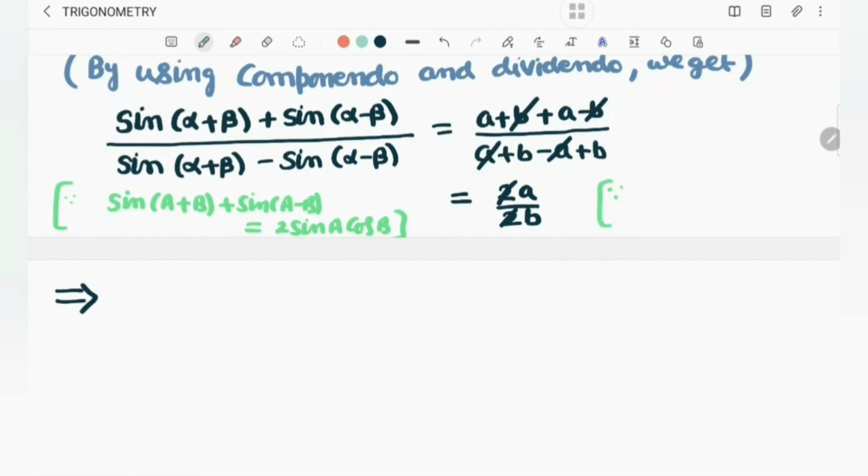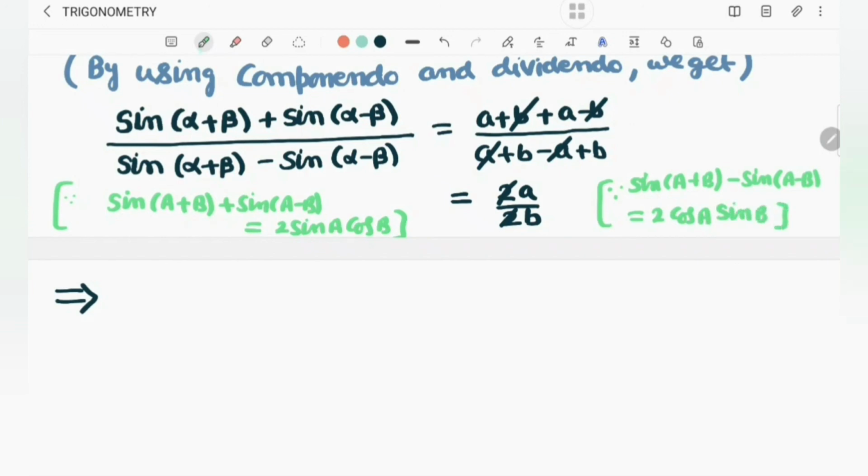Another formula also I am giving: sin of a plus b minus sin of a minus b is equal to 2 cos a sin b.